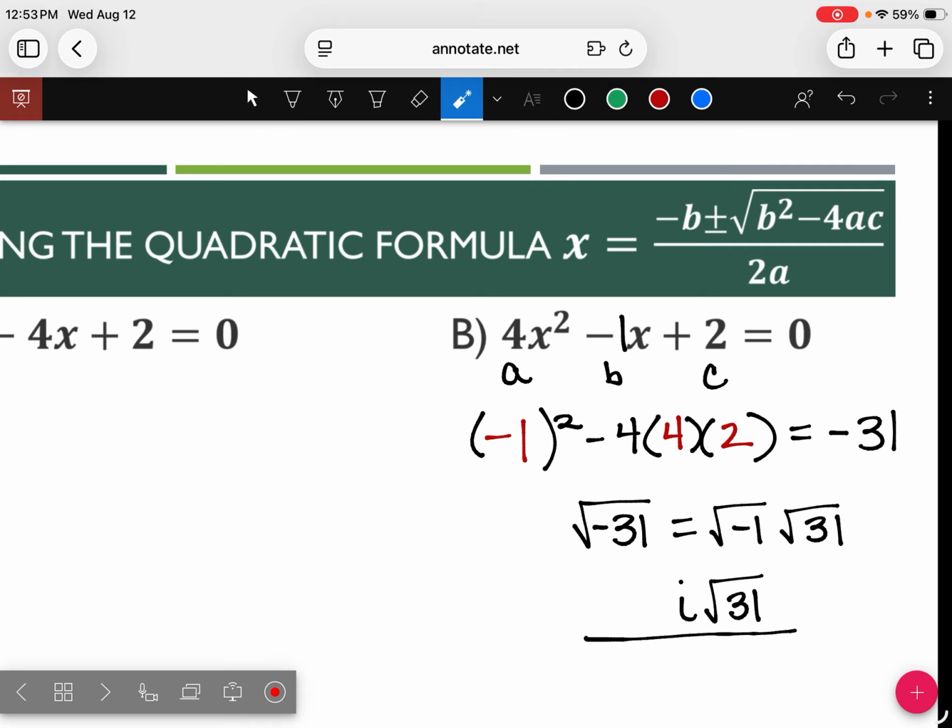Now, it tells me in the front to flip B. So because B is a -1, I'm going to start it with a +1, plus or minus. And then my denominator is 2 times A. A is 4, so 2 times 4 would be 8.